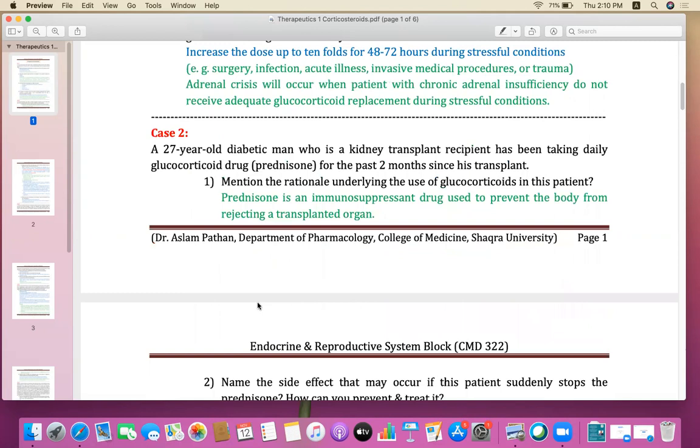Case 2. A 27-year-old diabetic man who is a kidney transplant recipient has been taking the daily glucocorticoid drug prednisone for the past 2 months since his transplant. Okay. Mention the rationale underlying the use of glucocorticoid in these patients.